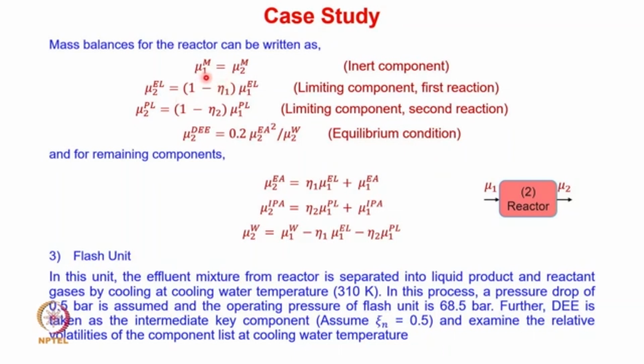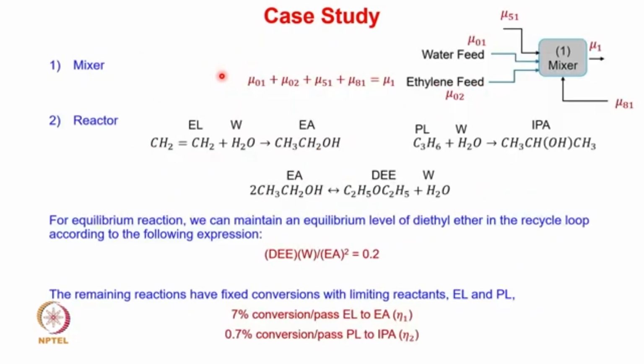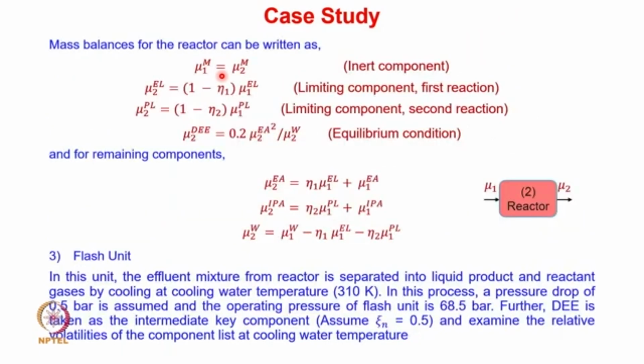Since methane is unreacted, whatever the methane flow rate is at the input to the reactor, the same will be the output. So the inlet feed rate of methane will remain the same here.